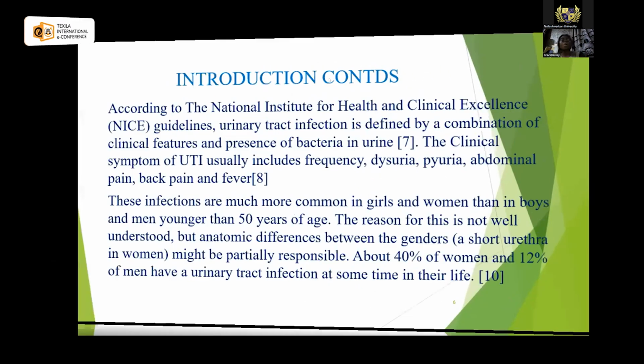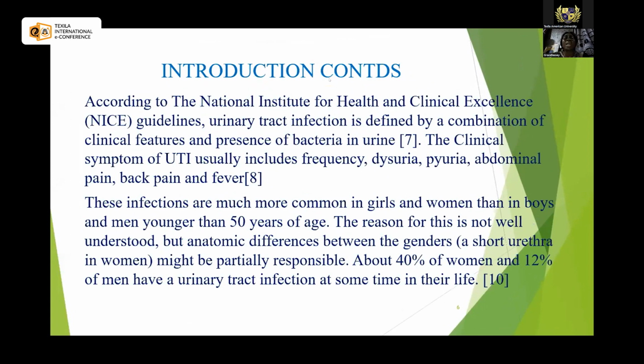So introduction continues. According to the National Institute of Health and clinical guidelines, urinary tract infection is defined by the combination of clinical features and presence of bacteria in urine.